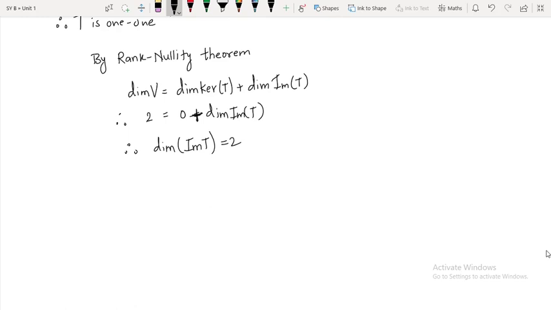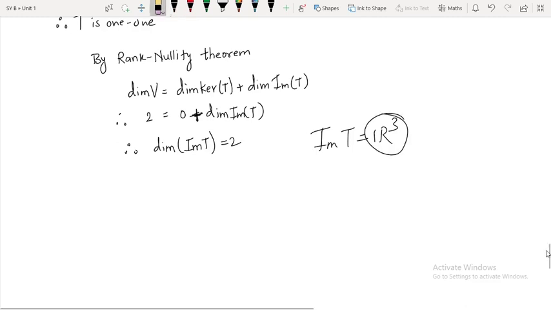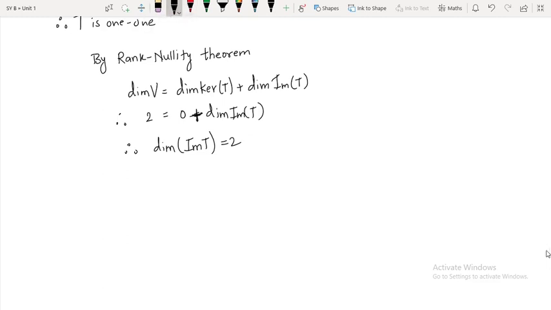Okay, now since dimension of image of T is 2, can we say that image of T is equal to R3? No chance, we cannot say, because what is the dimension of R3? It is 3, and what is the dimension of image of T? It has come out to be 2. So therefore I can say this image of T is not equal to R3. That is our codomain. If you want, I will write it inside the bracket, and therefore T is not onto.